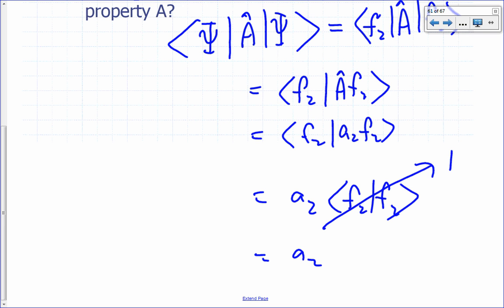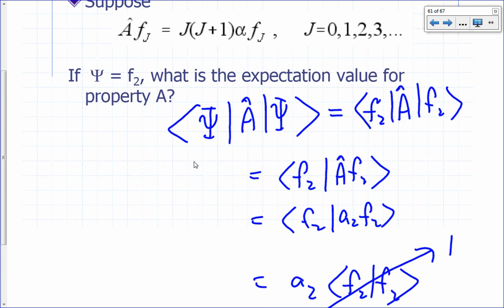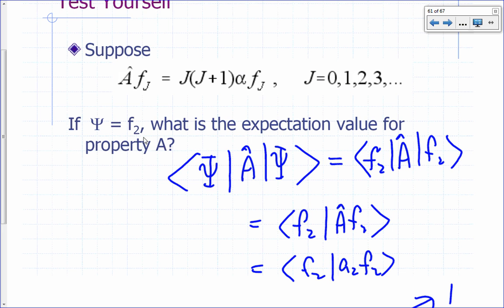So we say property A is well defined. It has a definite value if psi happens to be an eigenfunction of A. What we're saying here is that if I were to do A hat psi, I'm going to get a2 times psi, because psi is f2.